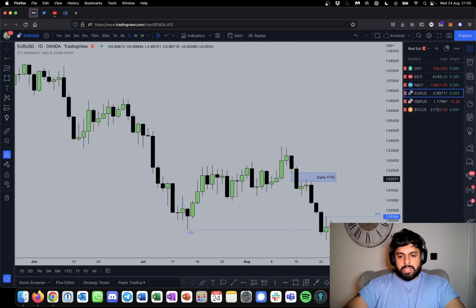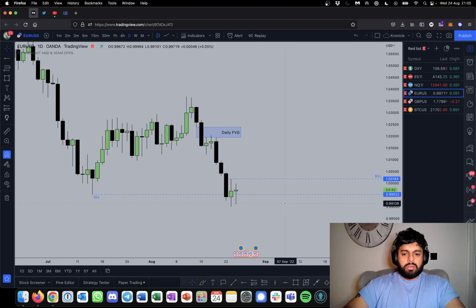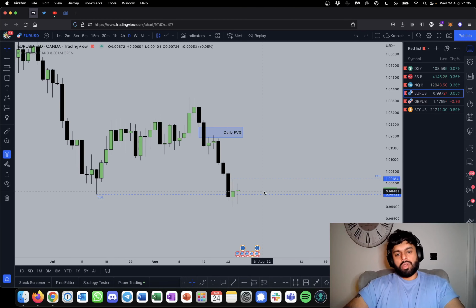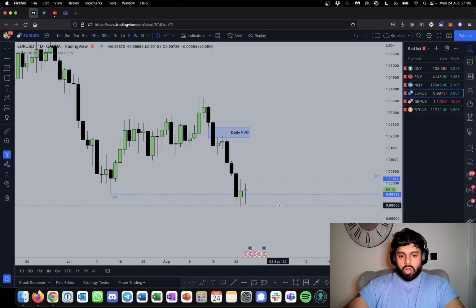I'm not too sure if the camera of myself was blocking that, but on the daily we can see that the sell side liquidity from the 14th of July was taken out on Monday, and yesterday we look to see a swing low being created, which may indicate a move higher potentially. So it could be an opportunity to look for longs.